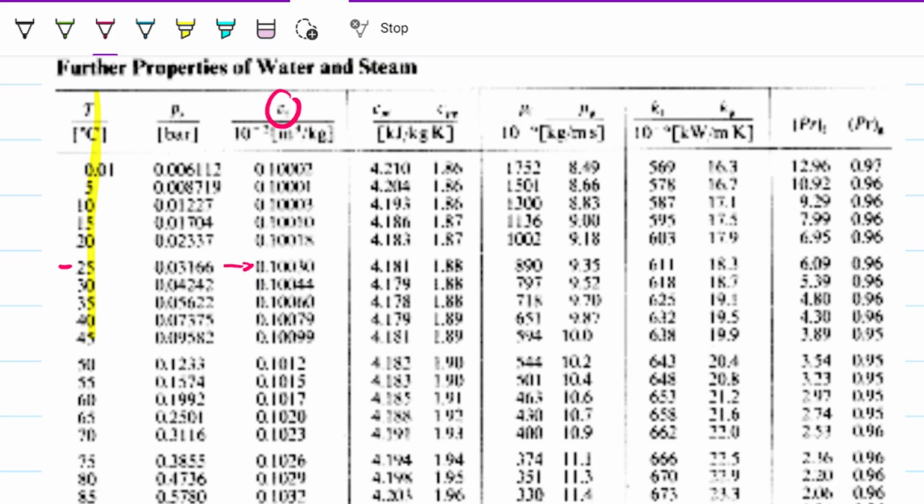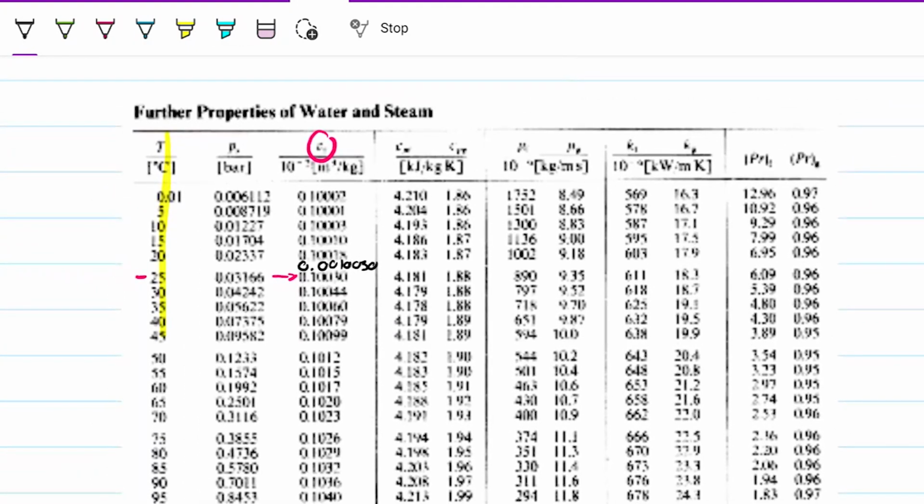Okay, this is 0.001003. That's the number at 25, and that's the number I'm going to grab. If you look at this table, you're going to see that it's actually 1.003, but there's a 10 to the minus 3 there. So that's why we have the extra zeros. This is something that also throws students off.